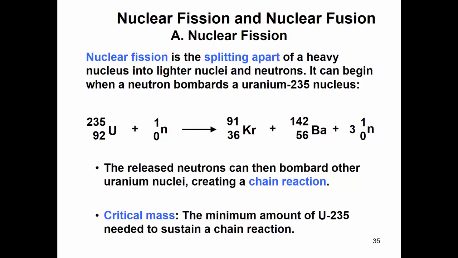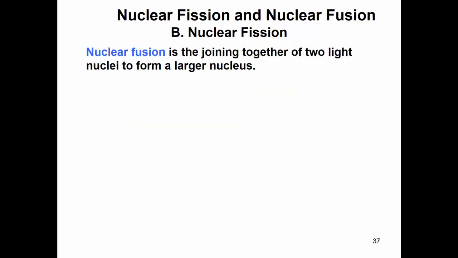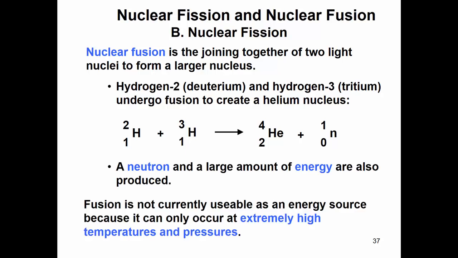For nuclear fusion, think of fusing two things together. Nuclear fusion is currently not usable as an energy source, but it can occur at high temperatures and pressure. So be sure you know the difference between nuclear fission and nuclear fusion.